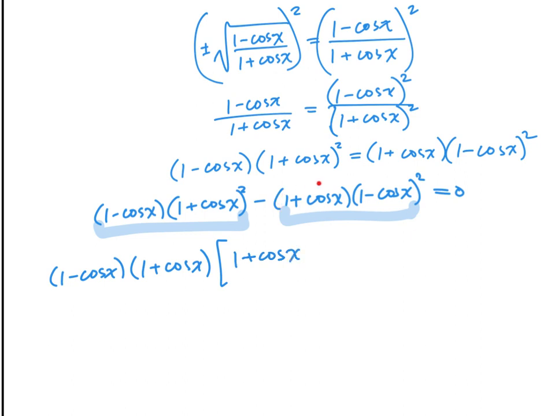I'm going to do the same thing in the second term. If I take out 1 minus cosine and 1 plus cosine, then I have another 1 minus cosine left. Oops, that's a minus there. So I have to keep the minus from here, and then this is the factor that's left.